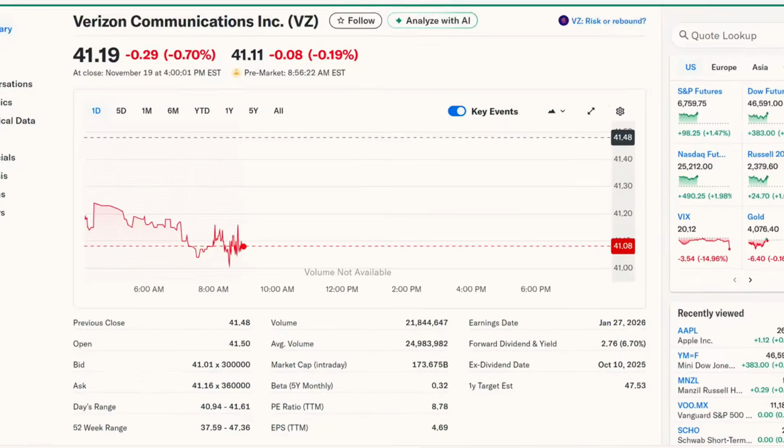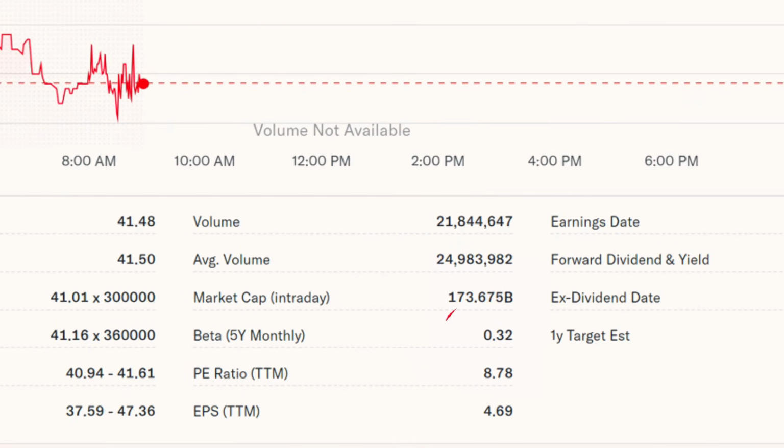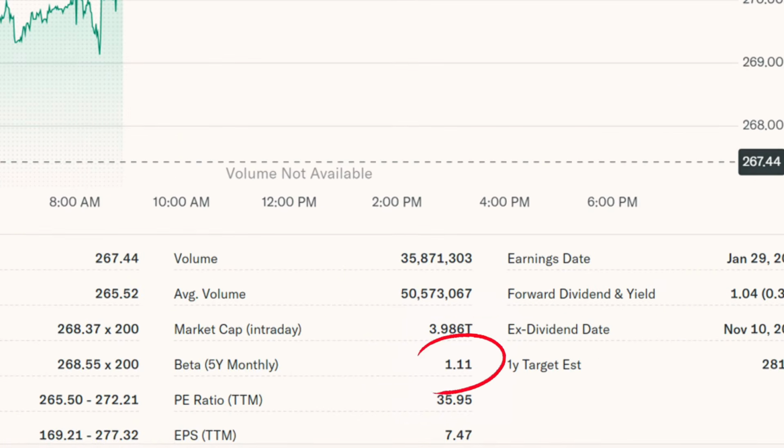So a beta less than 1 indicates that the stock price is stable, and a beta greater than 1 shows that it is very volatile. If you're a dividend investor looking for something more stable, you'd be looking up companies with betas less than 1. And if you are a growth investor, you would be considering companies with betas higher than 1.